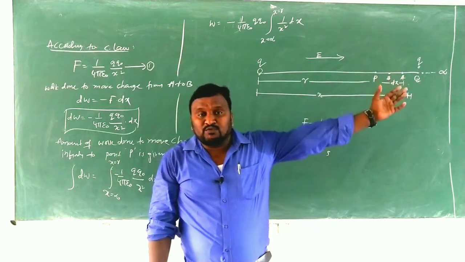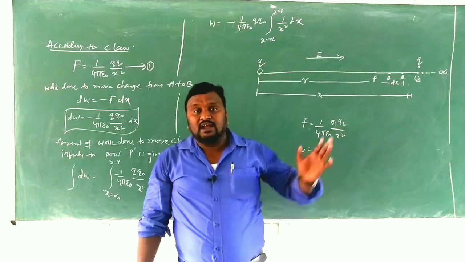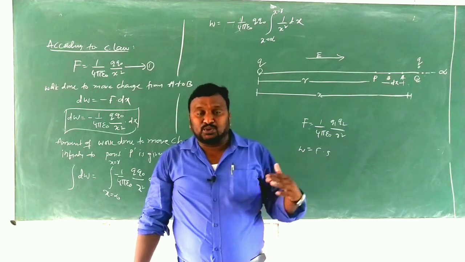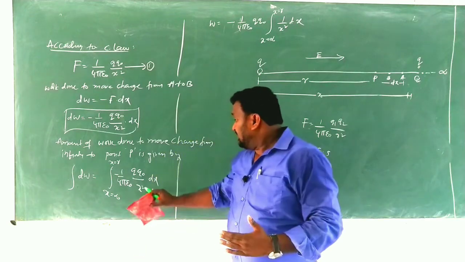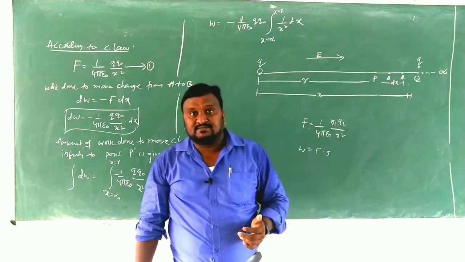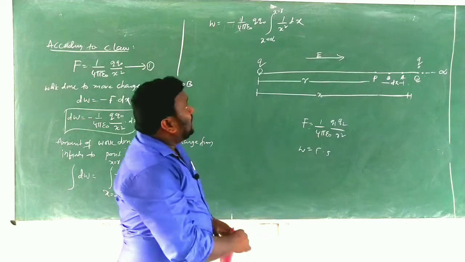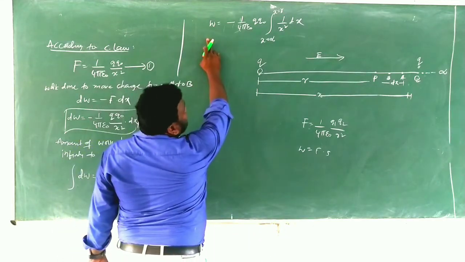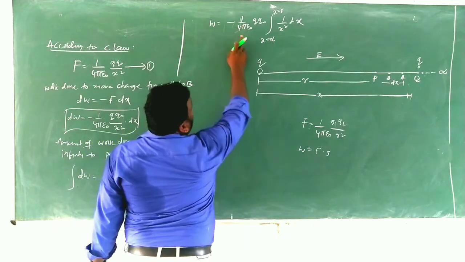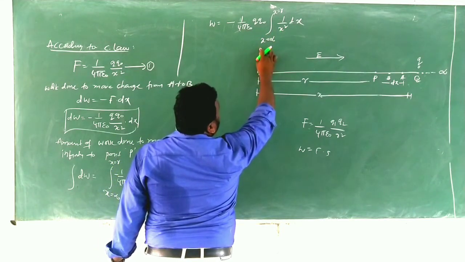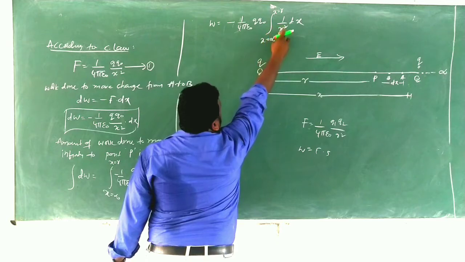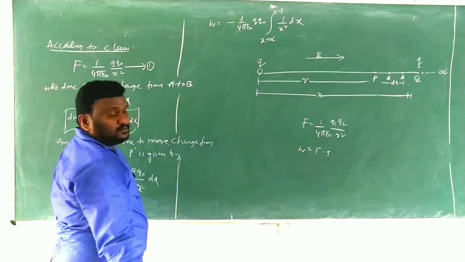While we are coming from infinity to the selected point in the field, only the position changes. That's why the x value can change. So W is equal to minus 1 by 4 pi epsilon naught q naught integral from x is equal to infinity to x is equal to r of 1 by x square dx.